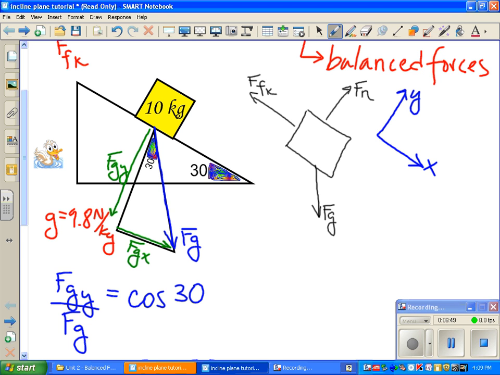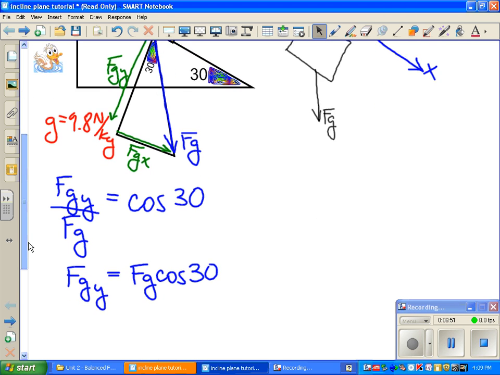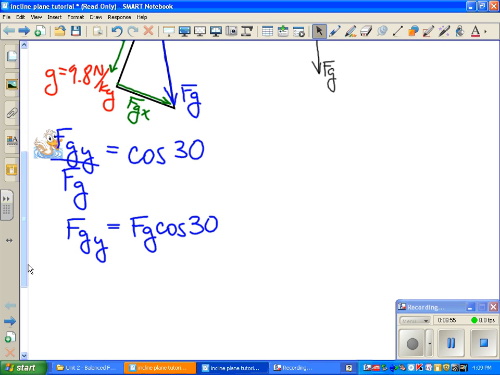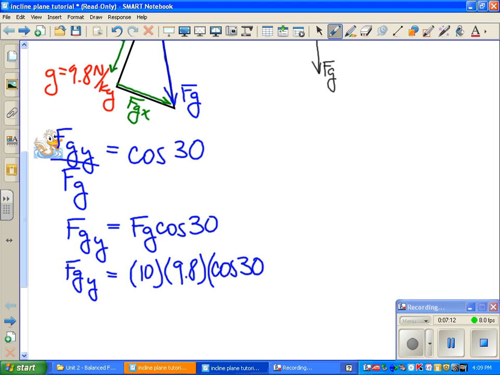So now I can actually solve this bad boy going down here. Oh, forgot Ducky. There you go. Ducky's coming with us. So Fg y equals the mass, 10, field strength 9.8, cosine of 30, which I can do in my calculator.